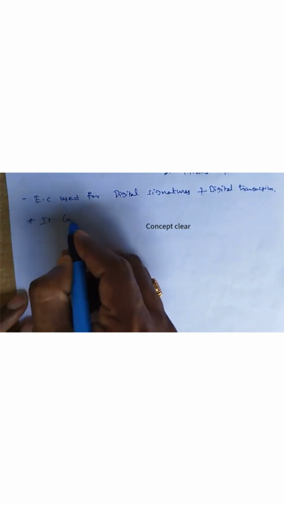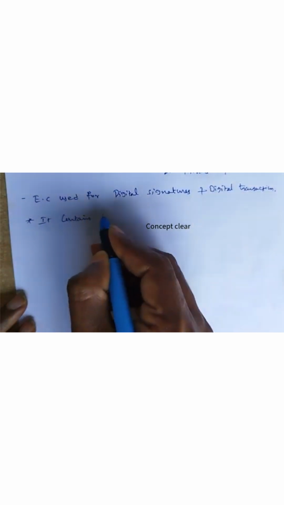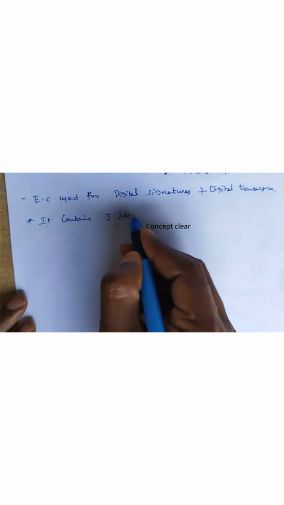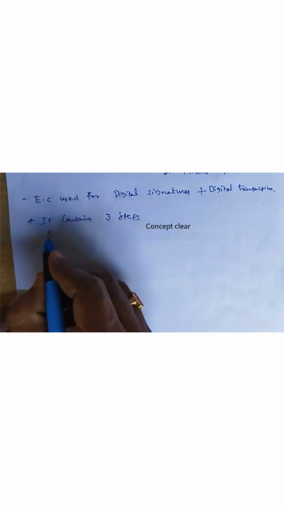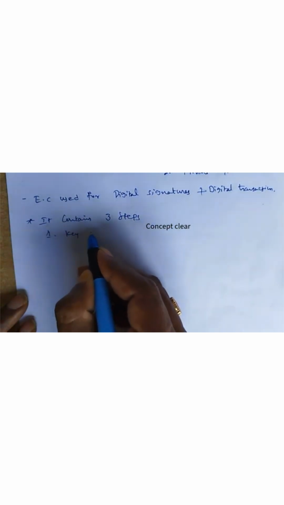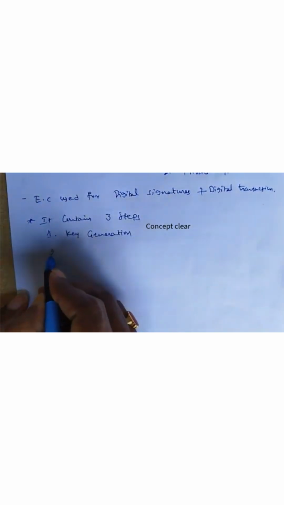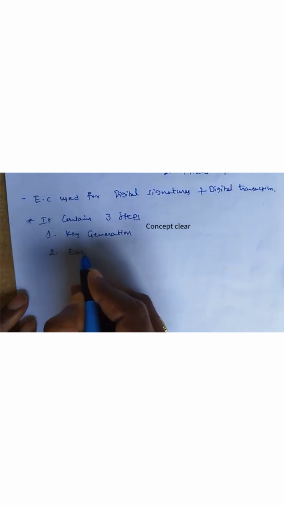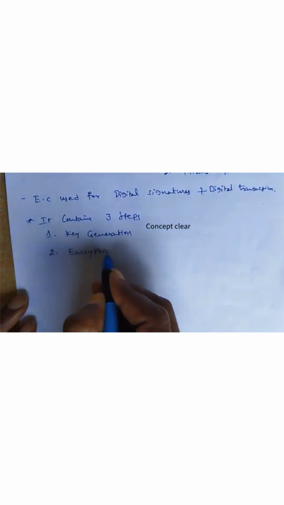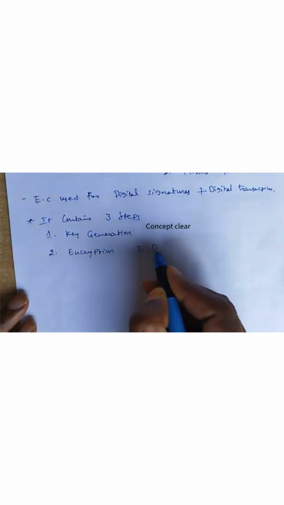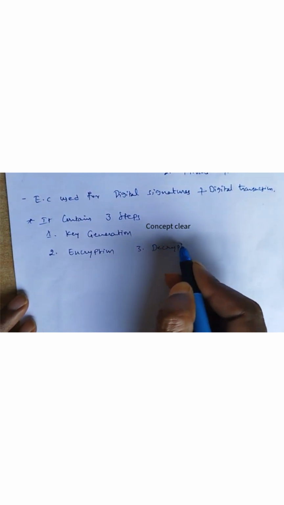It contains three steps. The first one is key generation. Second one is encryption. And third one is decryption.